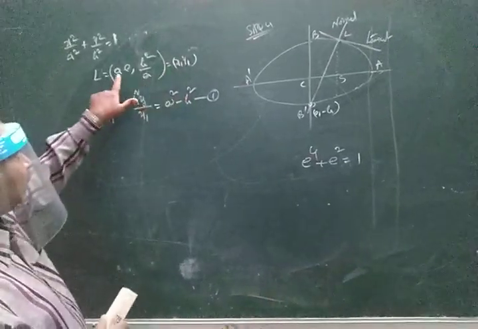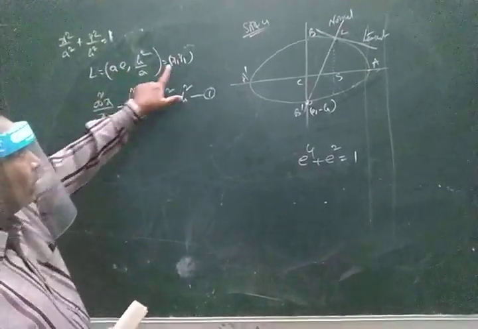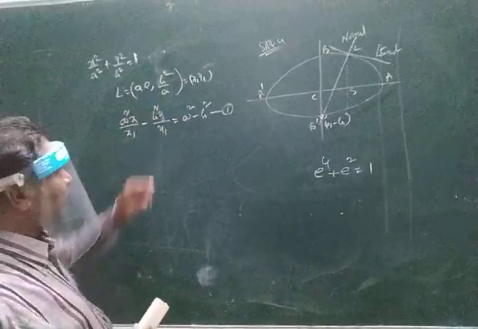Substitute x1 value ae, y1 value b square by a.